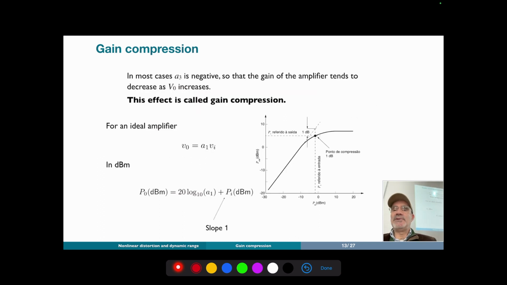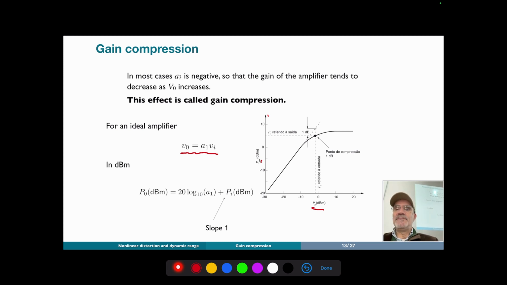because if we have an ideal amplifier, and if we plot the output power over the input power, as shown here. So here we have output power, and here on the x-axis we have input power.